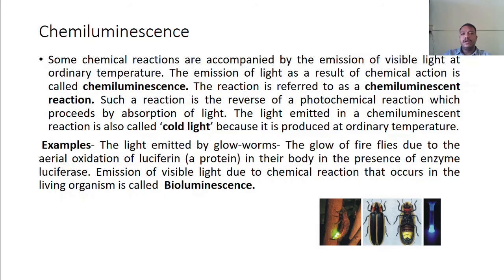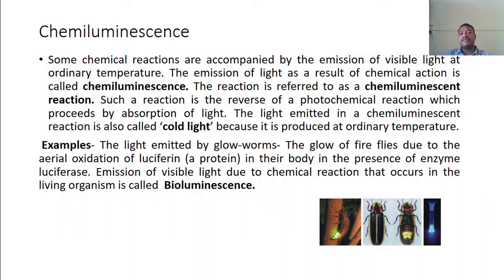Chemiluminescence. Some chemical reactions are accompanied by the emission of visible light at ordinary temperature. The emission of light as a result of chemical action is called chemiluminescence, and the reactions are referred to as chemiluminescent reactions.